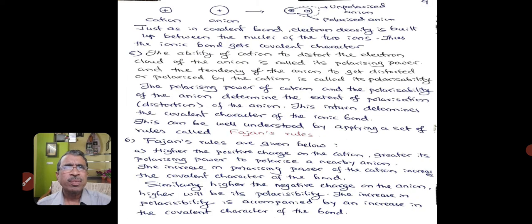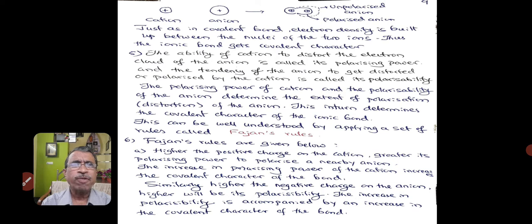Thus, the electron cloud of the anion gets distorted and electron density is pulled in between the nuclei of the two atoms. Just as in a covalent bond, electron density is built up between the nuclei of the two ions. Thus, the ionic bond gets covalent character.